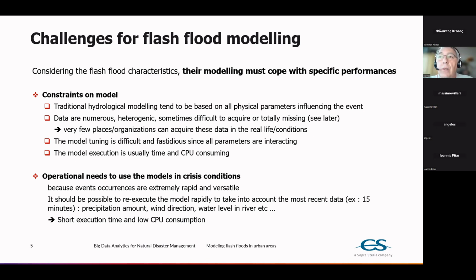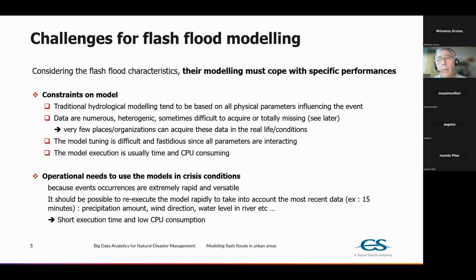So usually people in charge of this agency try to have a model that they can re-execute rapidly to take into account the most recent data. I'll give you an example. When you have a rain radar, I mean, a radar on the ground checking for the rain, precipitation, water drops, usually you get information, a map, every 15 minutes.